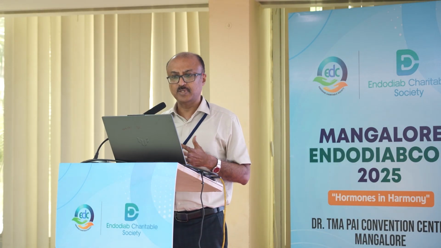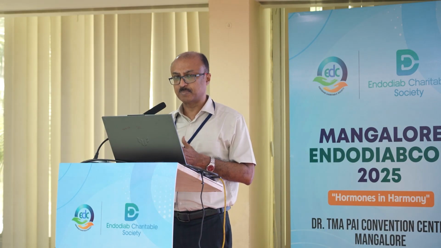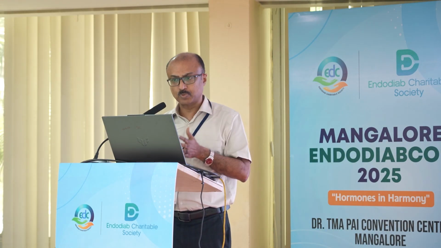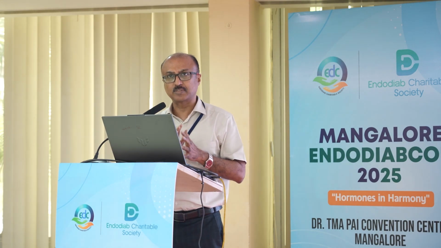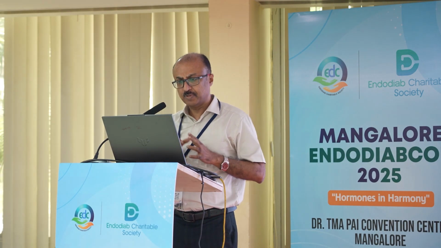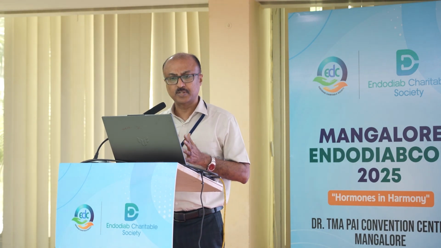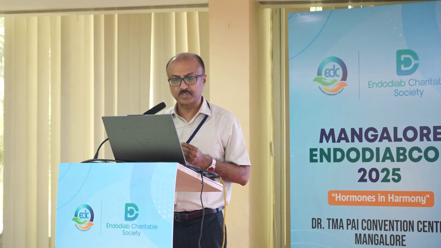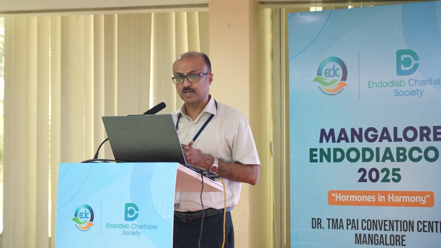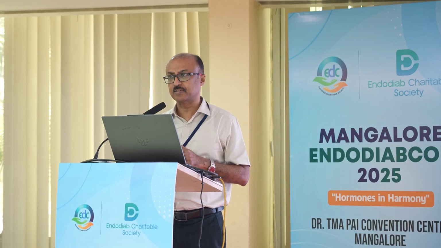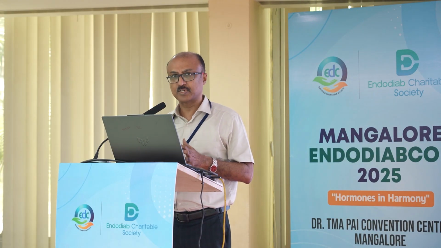Before any lady with pre-pregnancy diabetes, that means type 2 diabetes or type 1 diabetes, plans pregnancy, you need to have some sort of risk stratification. Very broadly, people with chronic kidney disease, cardiovascular disease, especially of very recent origin, heart failure or chronic liver disease carry a very high risk of problems during pregnancy.